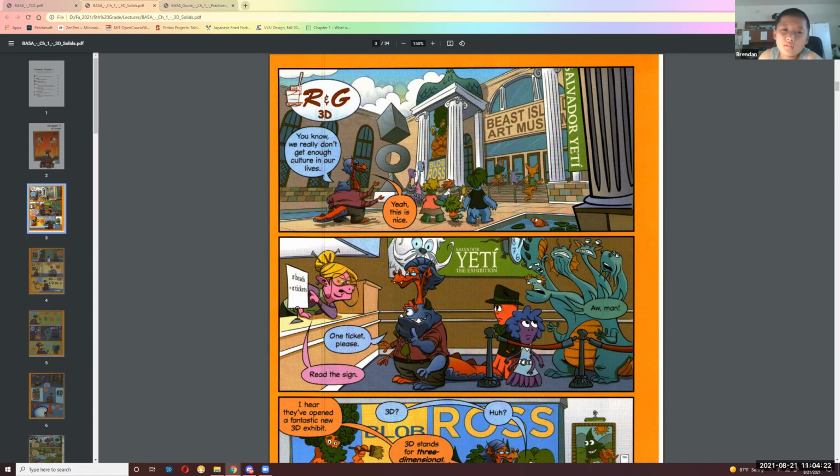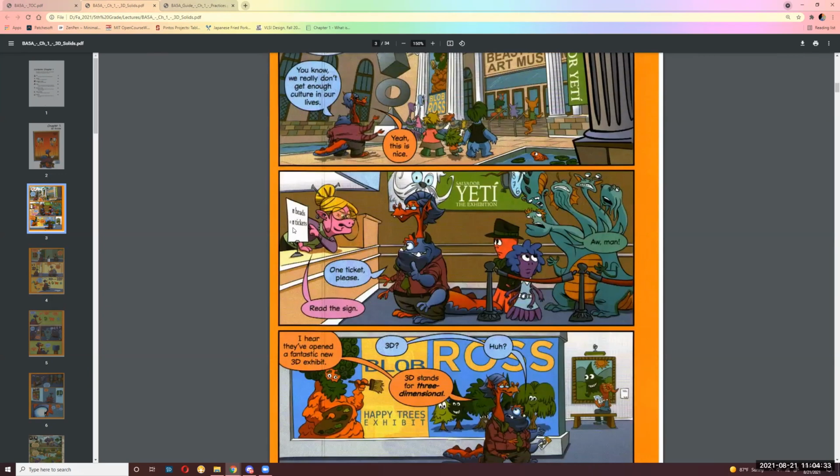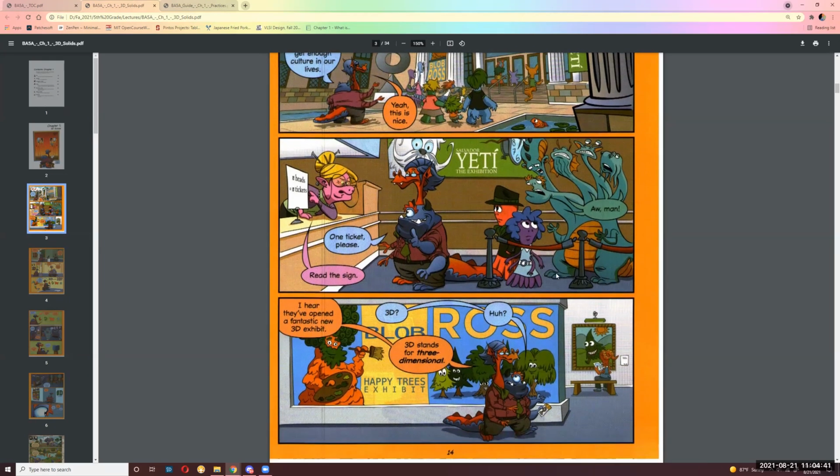You know, we really don't get enough culture in our lives. Yeah, this is nice. Read the sign. End heads, end tickets. 1 ticket, please. Oh man. I hear they've opened a fantastic new 3D exhibit. 3D? 3D stands for 3-dimensional.